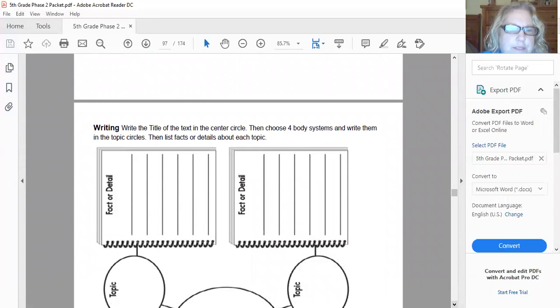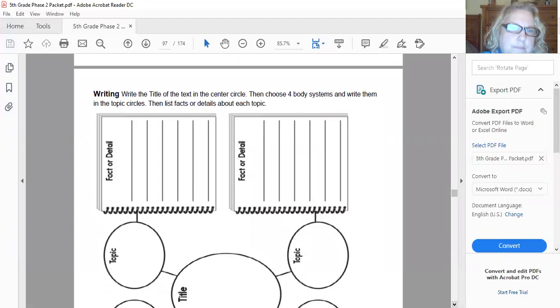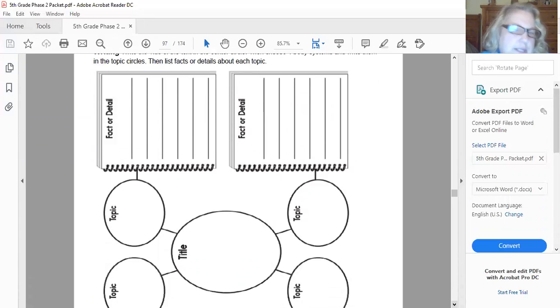Write the title of the text in the center, and then choose 4 of the body systems and write them in the top topic circles, and then list the details. That's super easy.